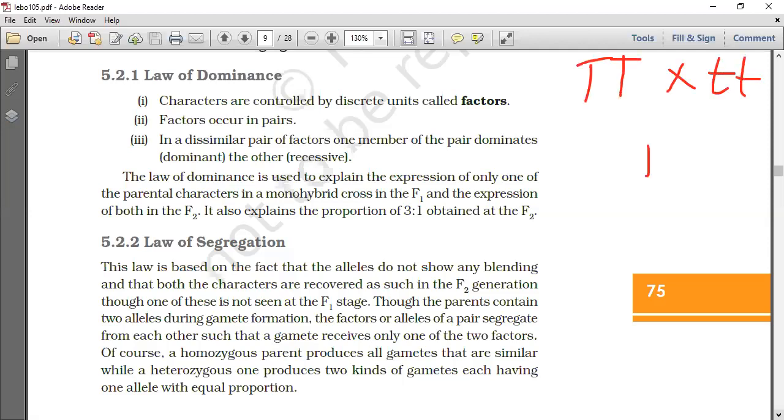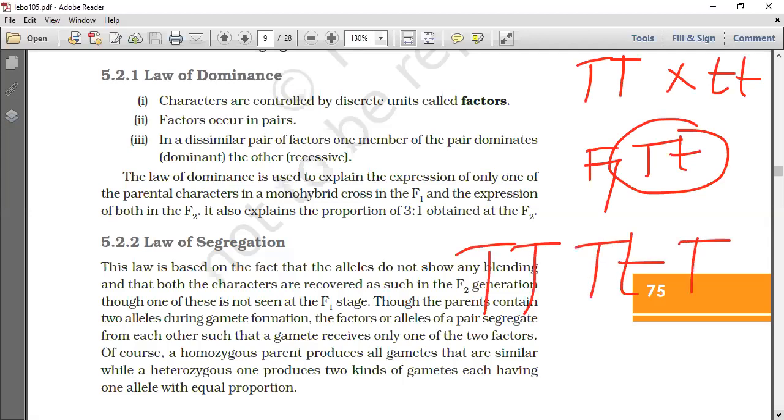This is the appearance in F1: tall plants are expressed, so I declared tall is dominant. And the expression of both in F2: along with the tall plants we obtained dwarf plants. Why are 3:1 appearing? We can say this is dominant, this is dominant, this is dominant, that's why they appear. Okay, so that's it.